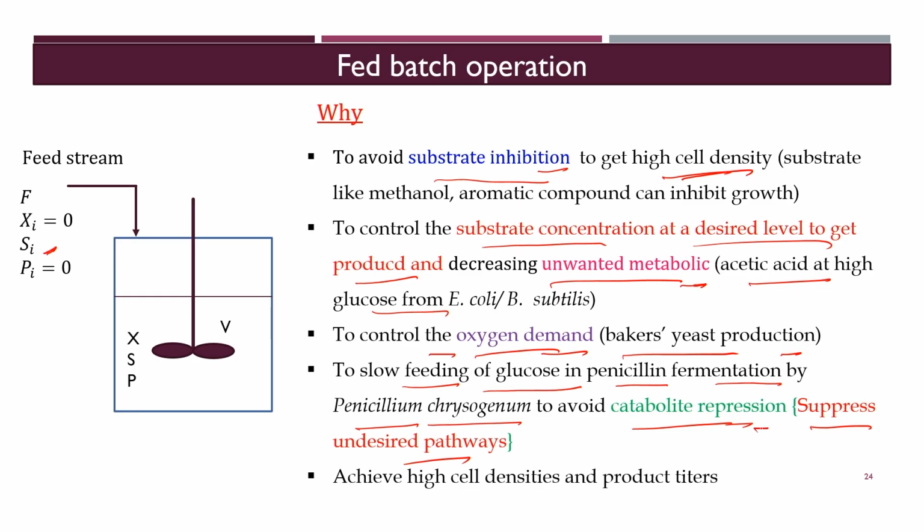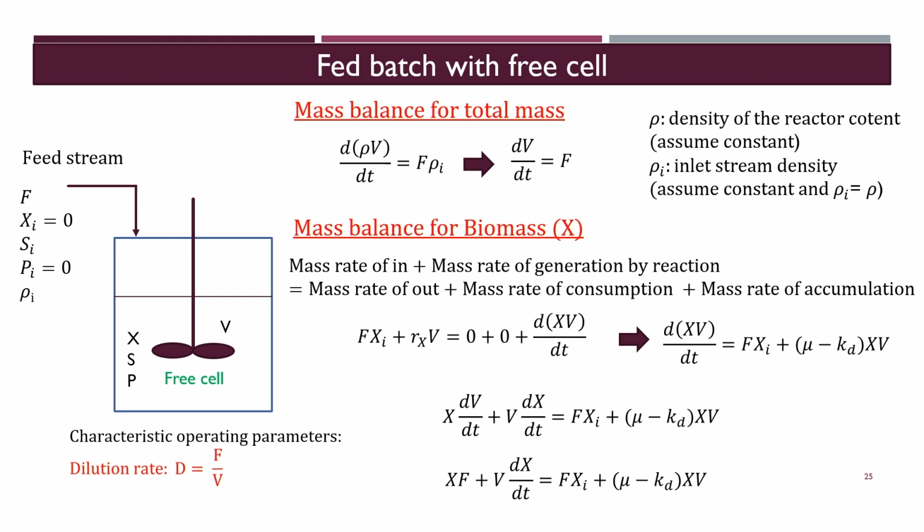So, we can minimize the catabolic repression, we can control the substrate concentration, at the same time we should be able to achieve high cell density and product titer. Here, as I told earlier, fed batch with enzymes is quite rare. So, we directly discuss fed batch with free cells.